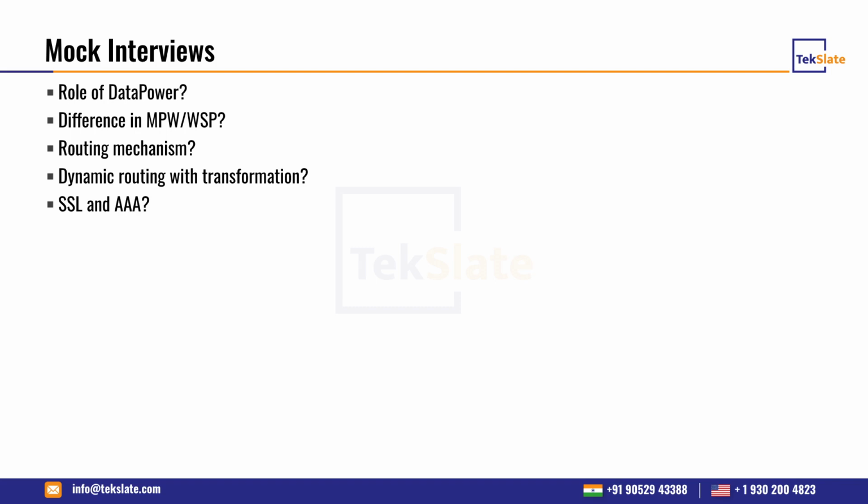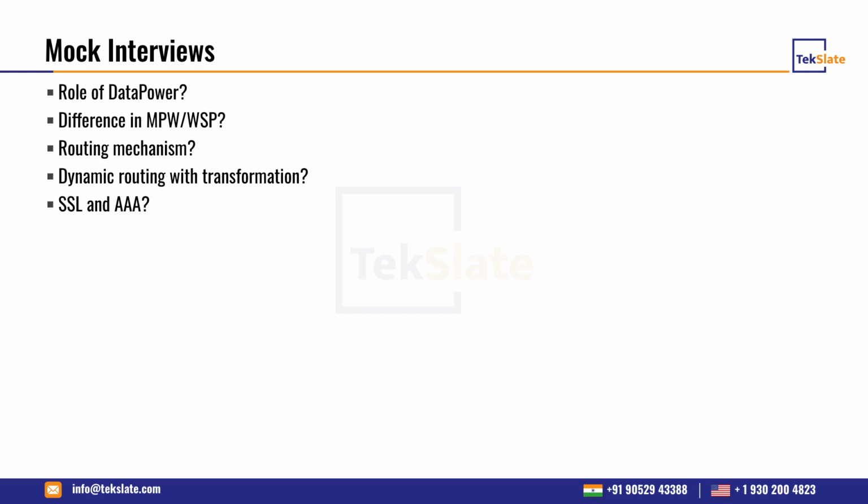If I say DataPower acts as a gateway, definitely the gateway will route my request to different downstream applications. There are different routing mechanisms; I cannot say there is only one. There are multiple routings. We're going to learn how, based on the consumer's requirements and the business logic, we choose one of the routing mechanisms.